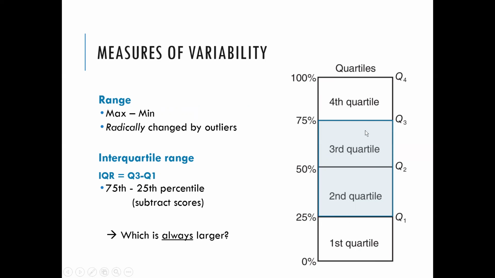So this shaded area here. So it's the middle 50% of our population. Which is always larger, the interquartile range or the full range? The full range, right? Because that goes from the minimum to the maximum, whereas the interquartile range is just that middle 50%.